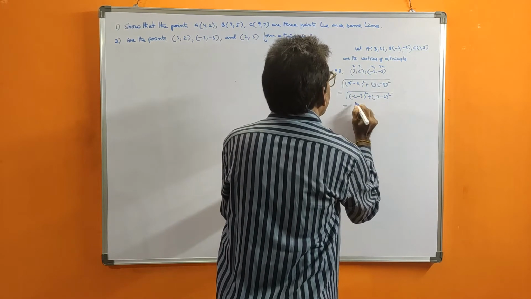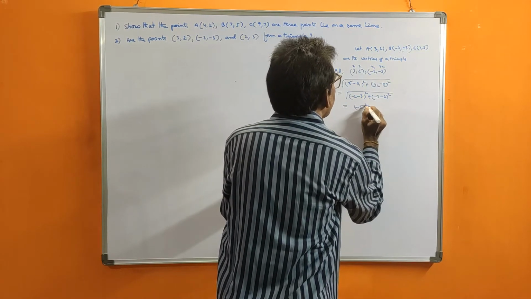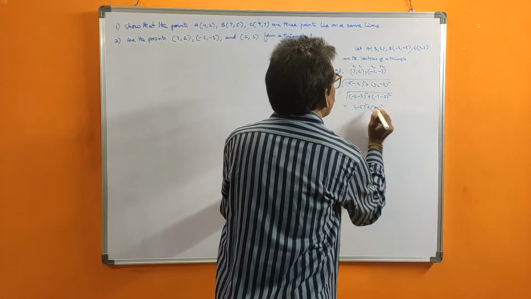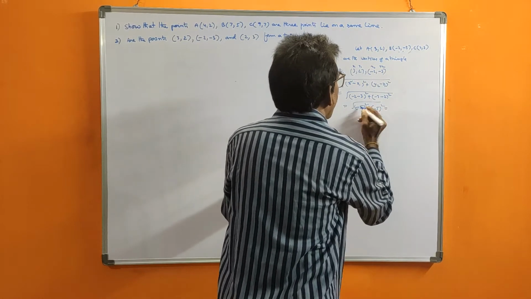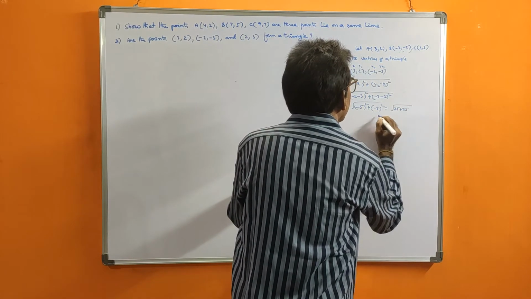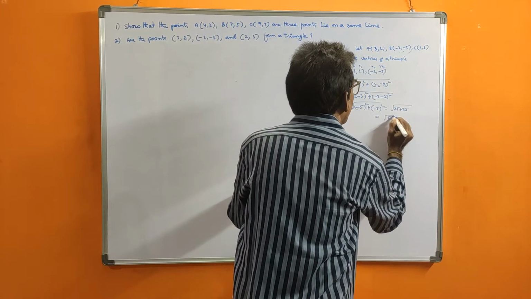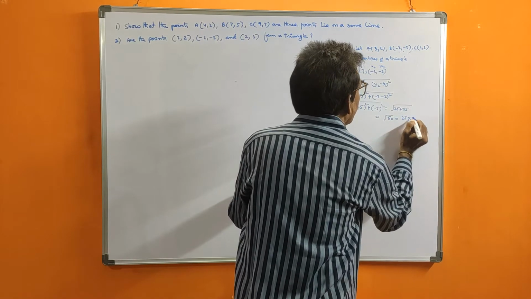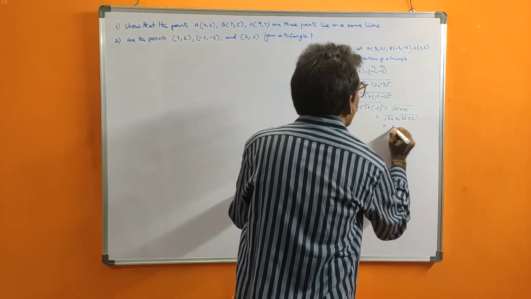That is the square root of (minus 5) whole square plus (minus 5) whole square. For the minus, the square also becomes plus, that's why 25 plus 25. This is root 50. We can write it as 25 into 2, that is 5 root 2.